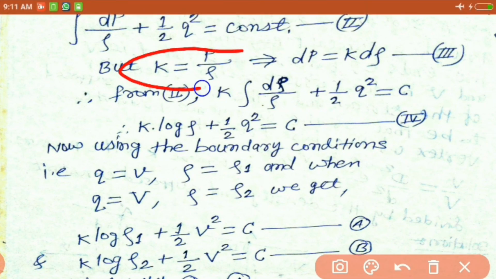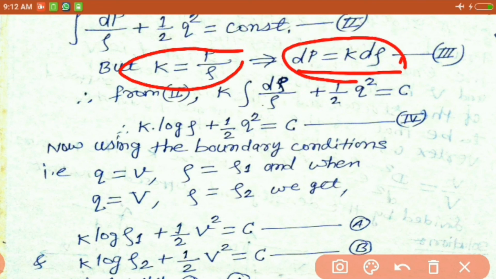But k is equal to p by rho. Differentiating p with respect to rho, we get dp is equal to k d rho, where k is constant. Now if we put dp is equal to k d rho in equation second, we get k integration d rho by rho plus 1 by 2 q square is equal to constant c.